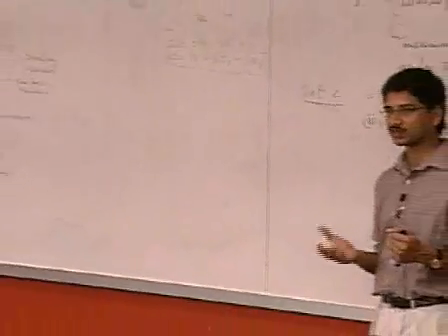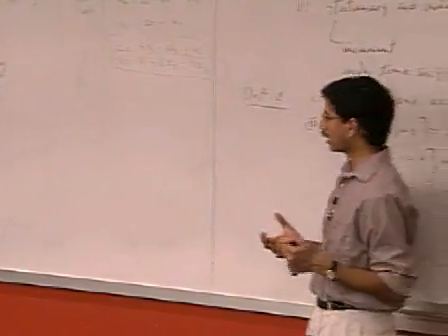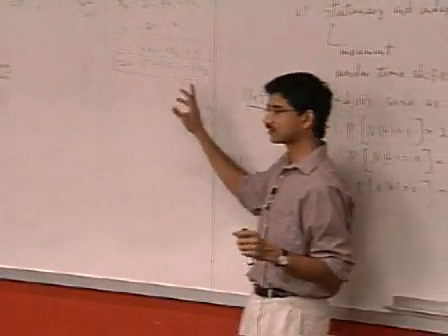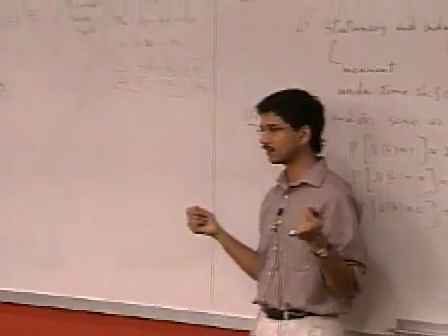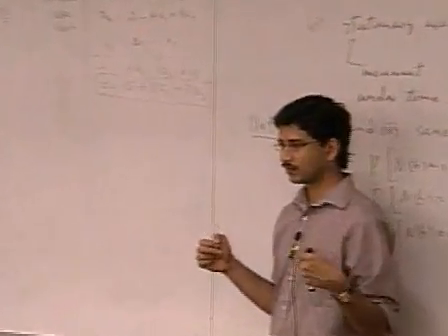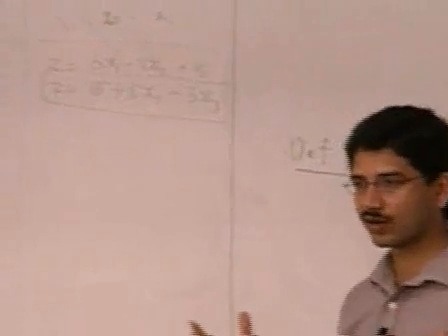Okay, so the question is the following. If you look at the original system, x3's value was determined by x1 and x2. Now here it seems like x1 and x3 can be controlled independently. And that seems to contradict things, right? That's your concern.